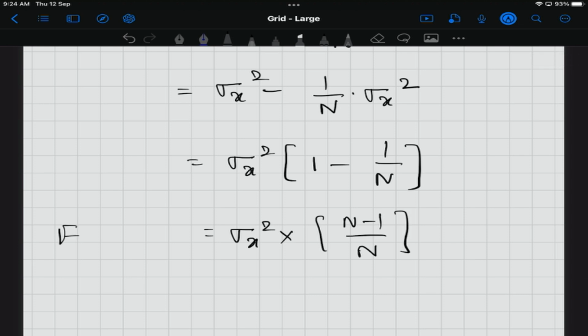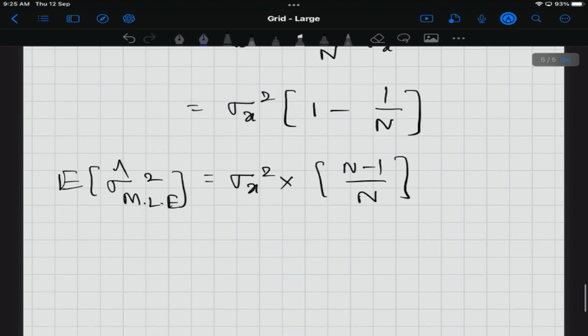So what is this? This is the expectation of your MLE estimate. If you compute the expectation of the variance coming from your MLE estimate, it is not equal to your true variance, right? You have a factor here, and that factor depends on your n value. That's why you say that your variance estimate is biased.